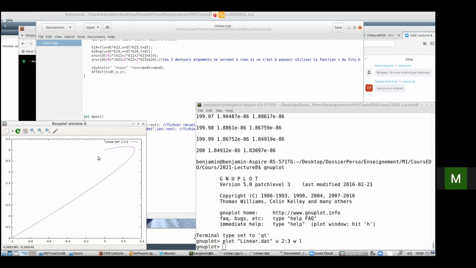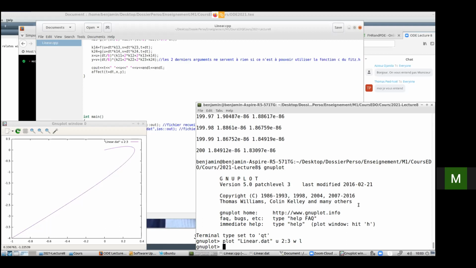For example, I can draw another solution. I could start with the value 1, 1. If you remember, in the neighborhood of 0, 0, the solution should be tangent to the eigenvector associated with the smaller eigenvalue in absolute value.